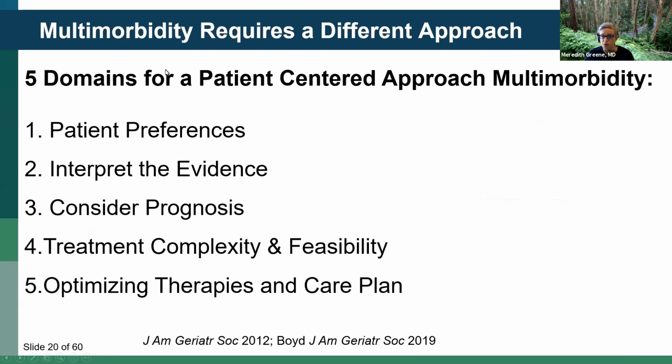And I'm not going to go in depth on these 5 domains, but just to point out that the American Geriatric Society does have references available for how you can approach patients with multimorbidity. And the key here, again, is that this is going to be an individualized approach. And it includes patient preferences, the evidence, which I alluded to, which is sometimes a data-free zone, frankly, treatment complexity and feasibility, and optimizing therapies and care plan.